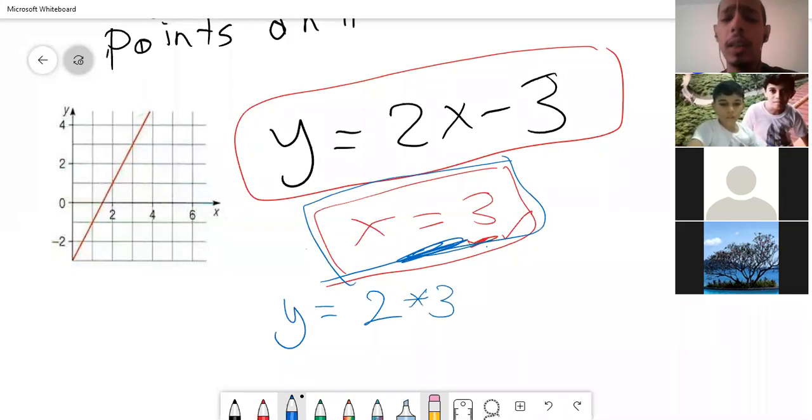For example, any number can be plugged into this function, right? So let's say x equals 3.